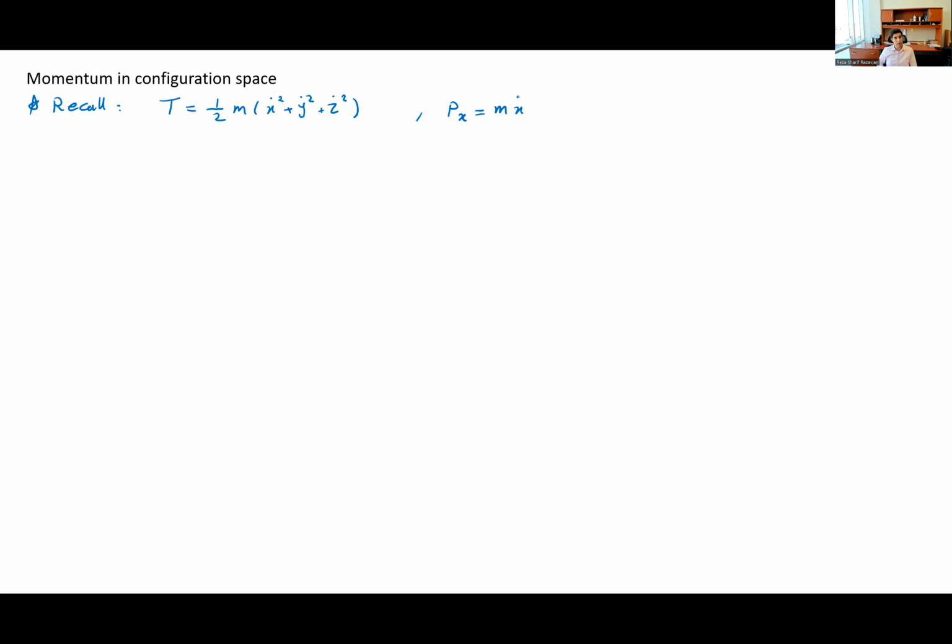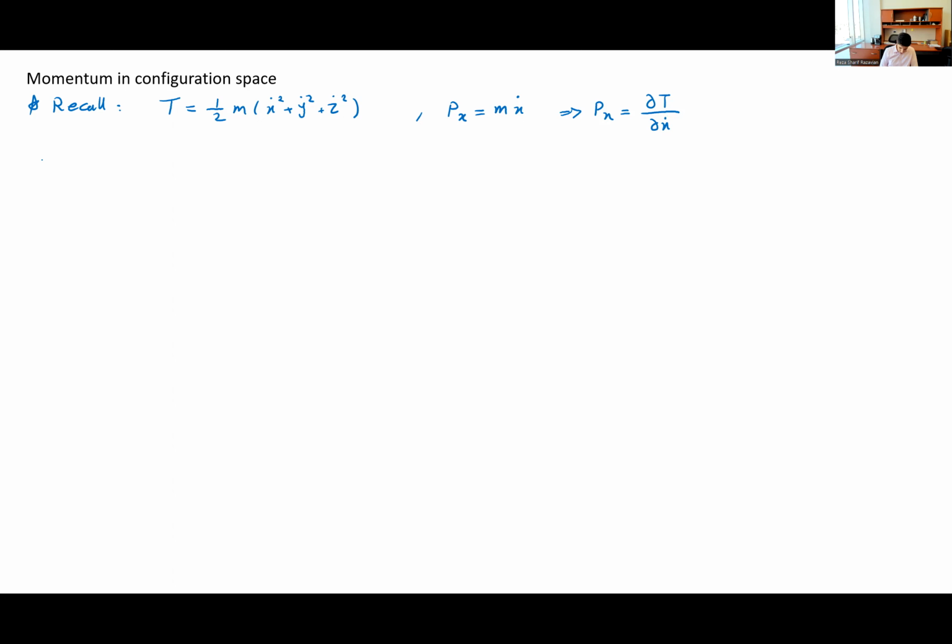Comparing these, we can see that momentum is actually the partial derivative of kinetic energy with respect to velocity along that direction. So we're going to use this notion to write the momenta in the direction of our generalized coordinates, the q's.